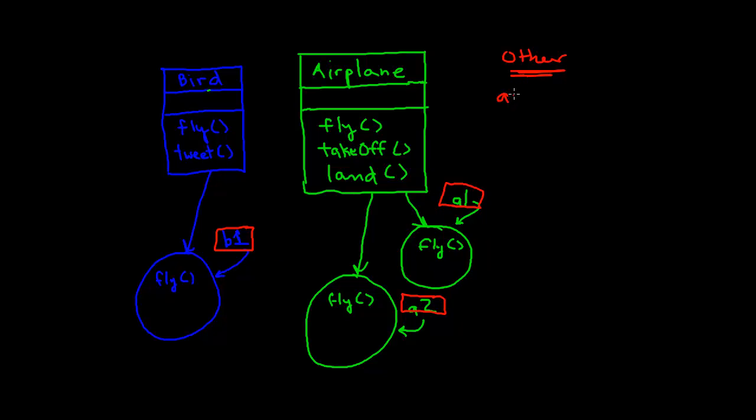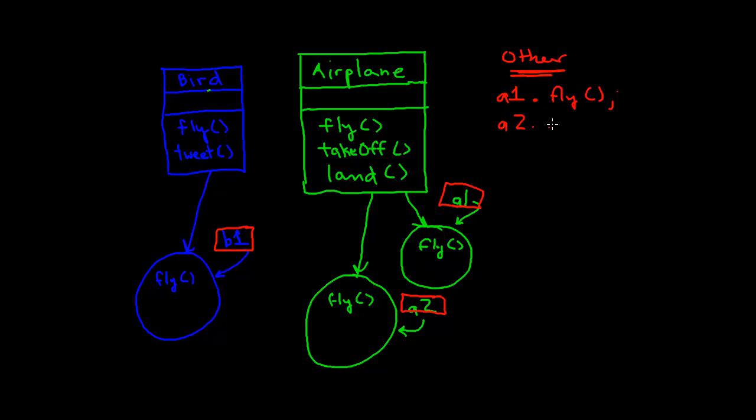So I could say, for example, a1.fly. This is a line of Java that's calling the fly method on the object A1. A1 is referencing an airplane, so I'm talking to the airplane's fly method.